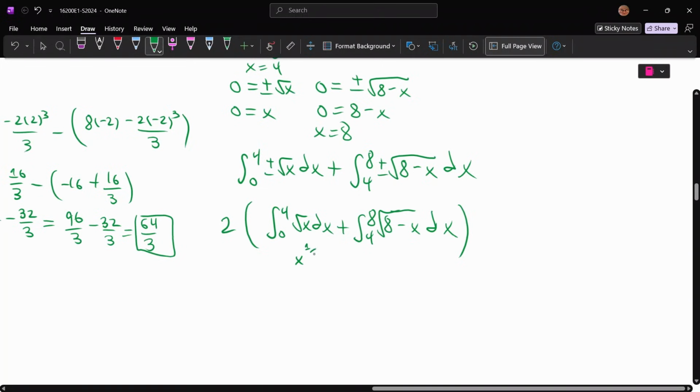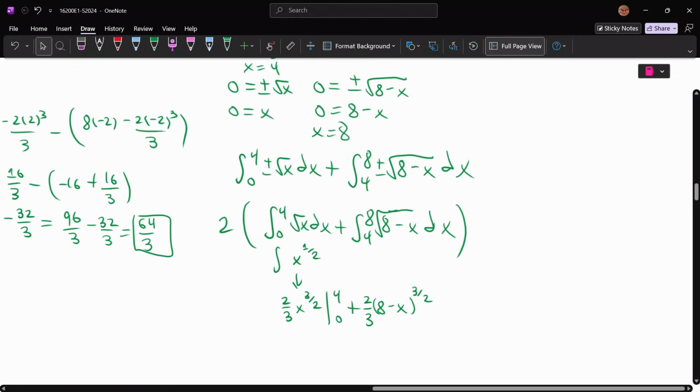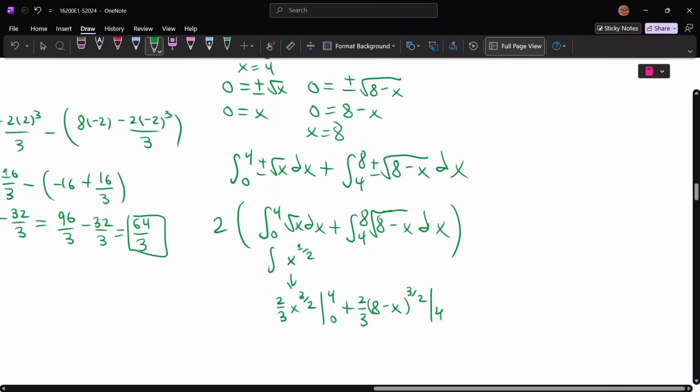x to the 1/2 integral, that just becomes 2/3 x to the 3/2 evaluated from 0 to 4, plus similarly here, you'd end up with 8 minus x to the 3/2 times 2/3 evaluated from 4 to 8.